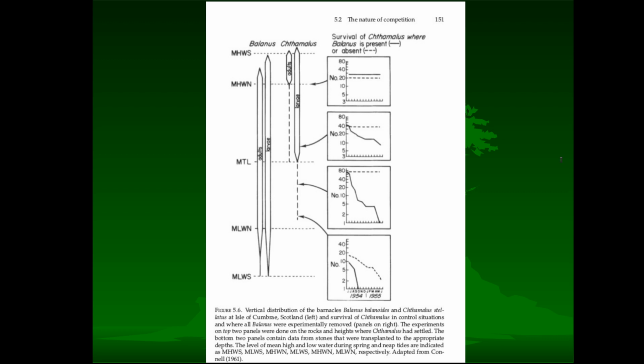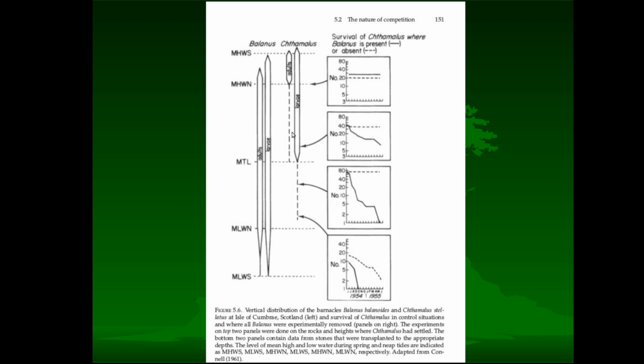On the other hand, scraping off Thamylus generally did not result in any effect on Balanus. So this indicated that competition might have excluded the Thamylus from the lower Balanus zone, but competition had no effect on either species in the upper Thamylus zone.